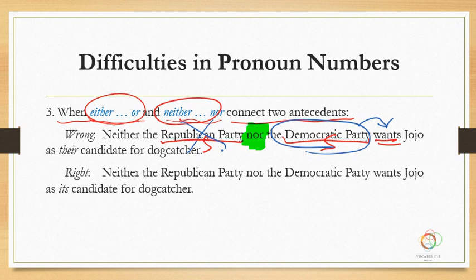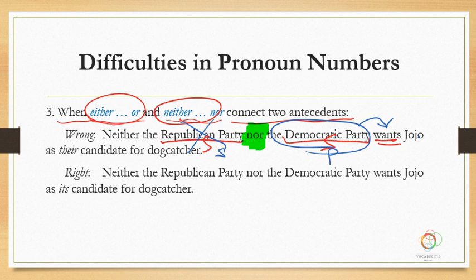Now this is important because sometimes you get a singular word here and a plural word here. In that case, your verb is going to be plural because you're looking at the one closer to the verb. Sometimes the verb comes first in a there is or here is kind of sentence. In that case too, you're going to look at the one that's closer to the verb, not the second one of the two, but the one that's closer.